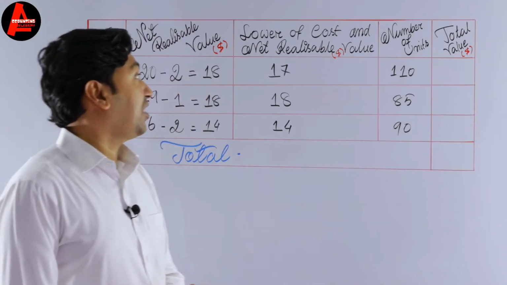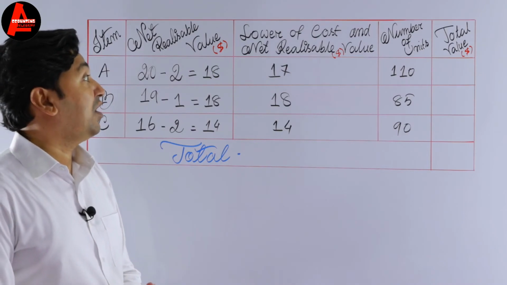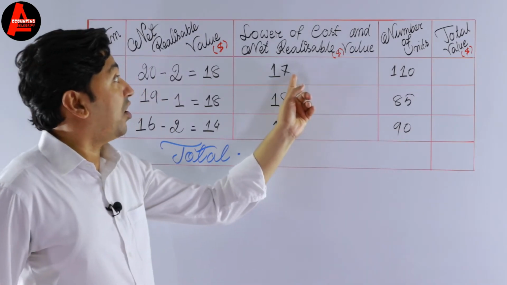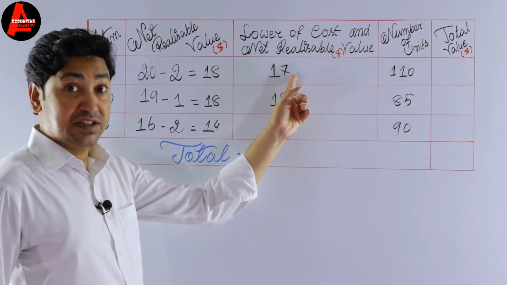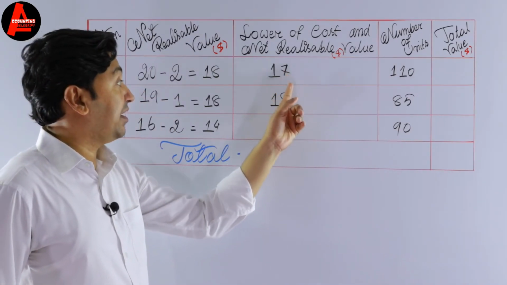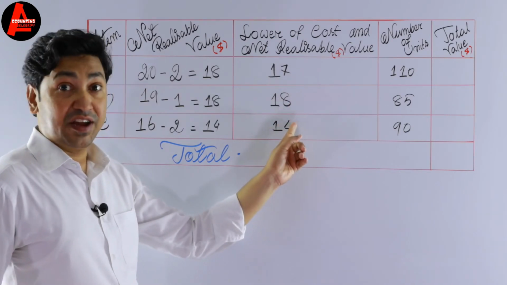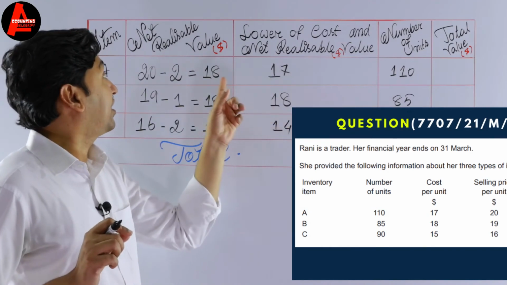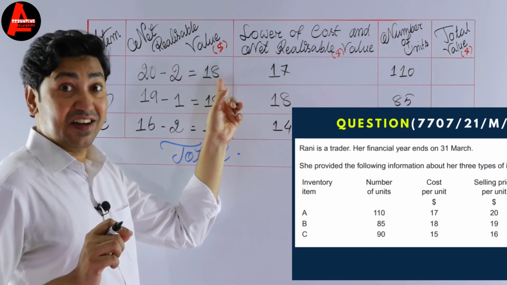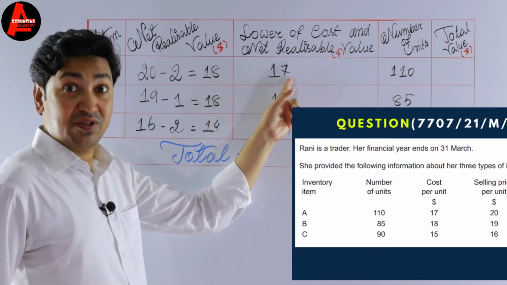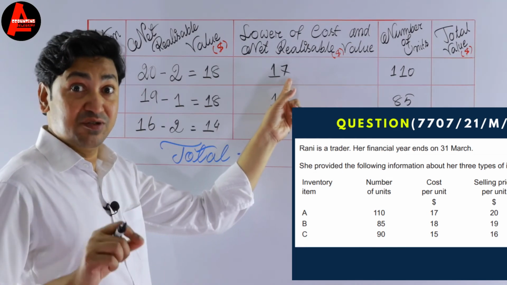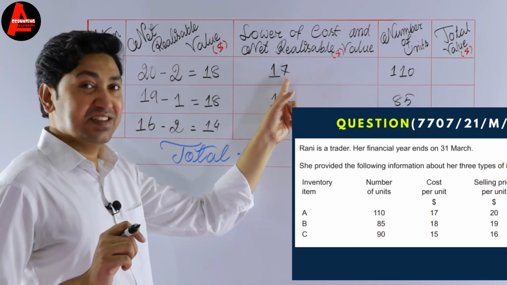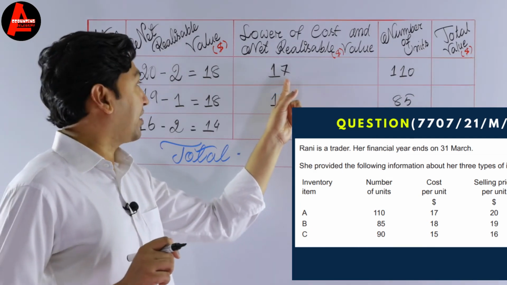Now we have to multiply this number of units by the lower of cost and net realizable value, which is here 17, here 18, here 14. See, for item A, our net realizable value was $18, but our cost price was $17. We choose the lower one, so lower price is 17.